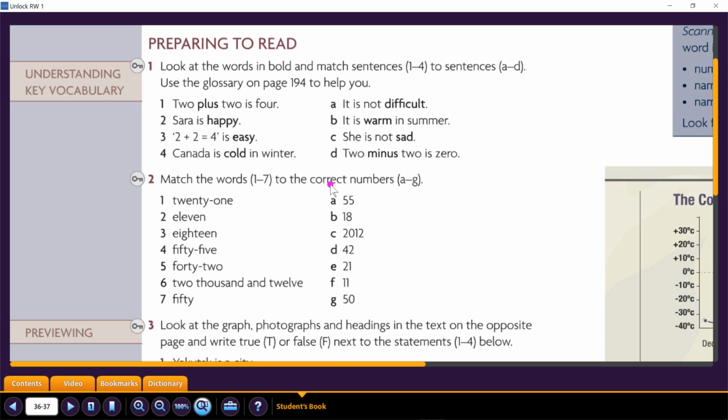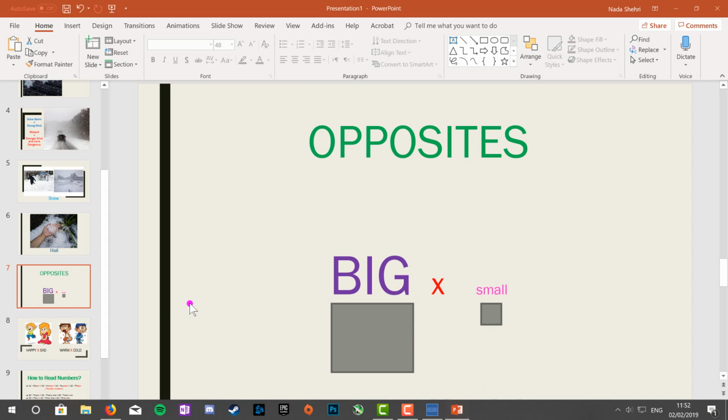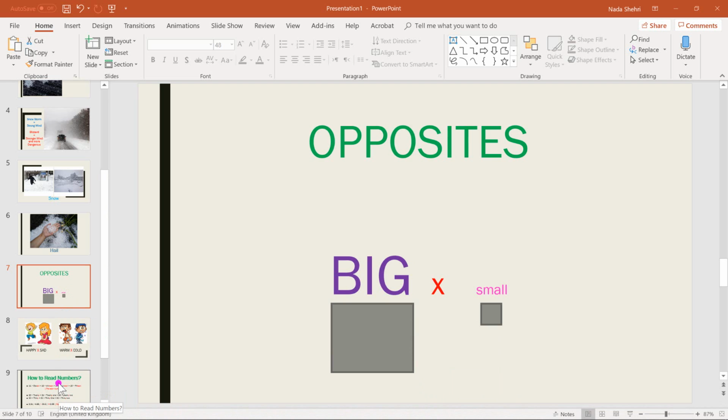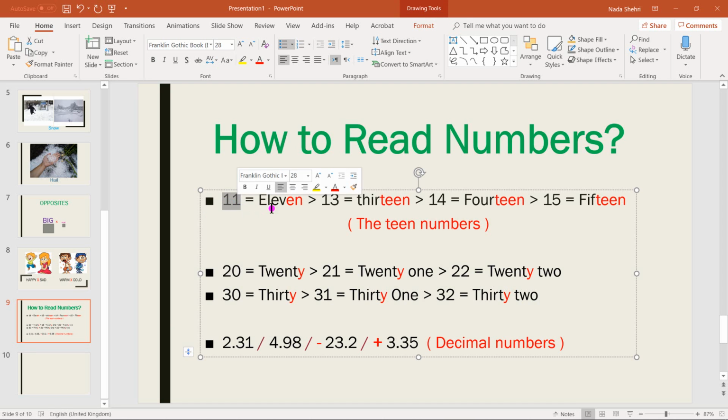And here we have numbers. Do you remember, ladies, what we learned about pronouncing numbers, how to read numbers? Do you remember 11? And that we call them the teen numbers?